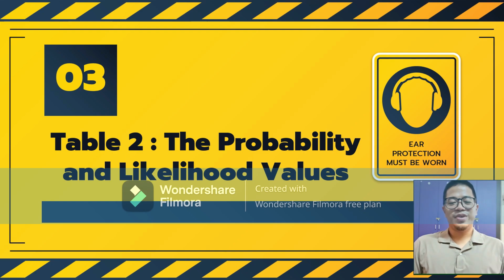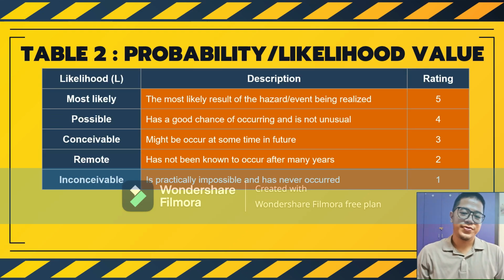Hi, Assalamualaikum. I'm Huzaifah Darwis and I will present table 2 and 3. As for table number 2, there are 5 types of likelihood: most likely, possible, conceivable, remote, and inconceivable.